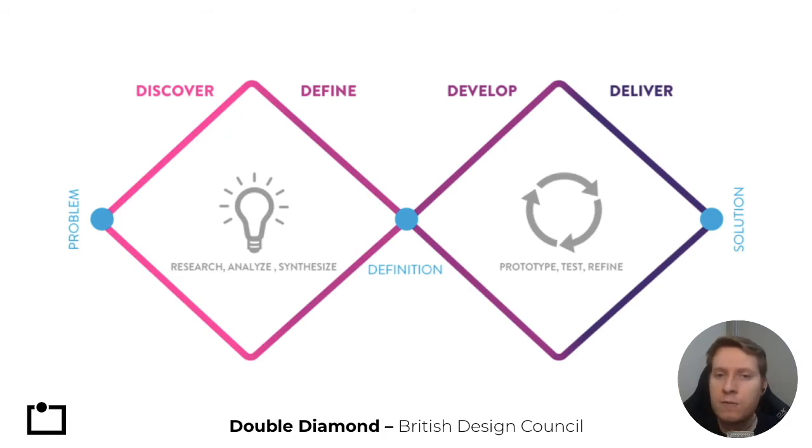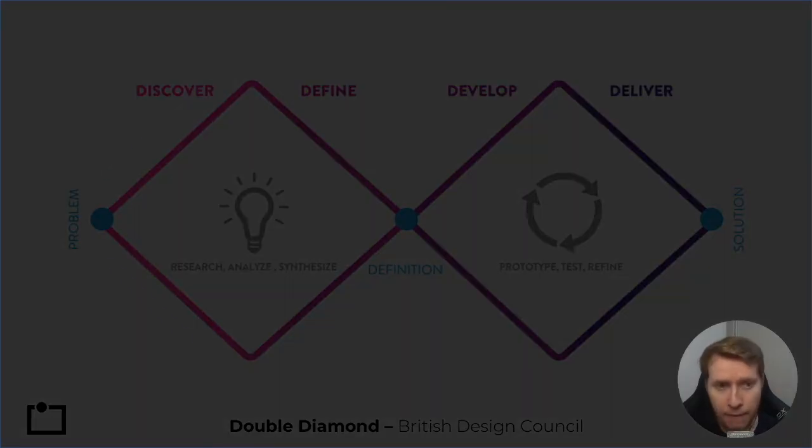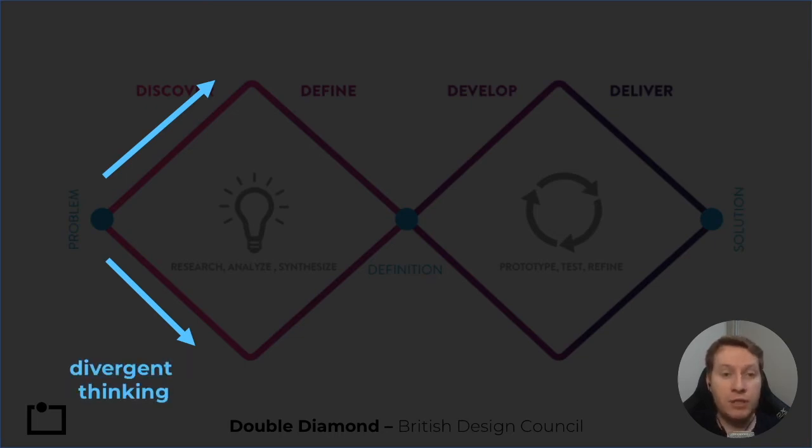A better way to see this process is like that. The first part of the double diamond process here is what we call divergent thinking. So we're going to diverge.